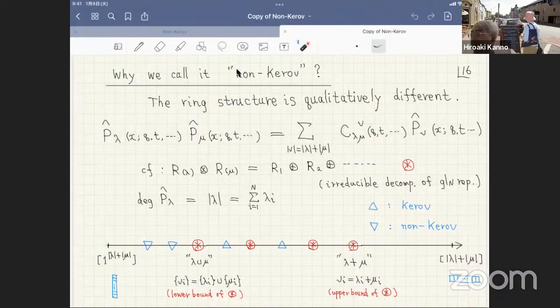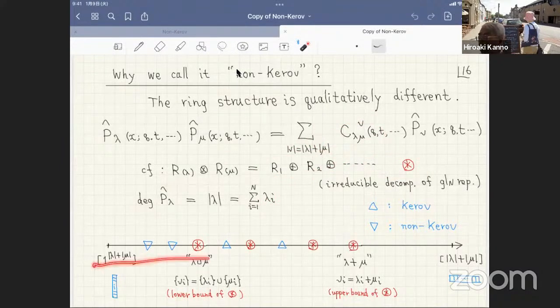And here, the total degree of this polynomial is equal to the total number of the partition lambda. So in principle, here appears the condition, just the condition is this. But there is some selection rule coming from the representation theory. So this is an irreducible decomposition of the two representation tensor product. And from this decomposition rule, we have some selection rule.